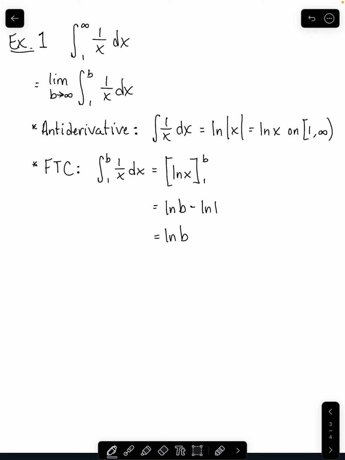Our last step then is that we can evaluate the unbounded region by doing the limit as b approaches infinity of our integral.